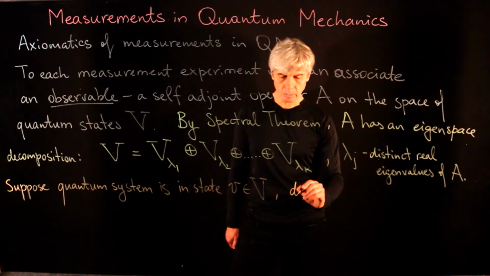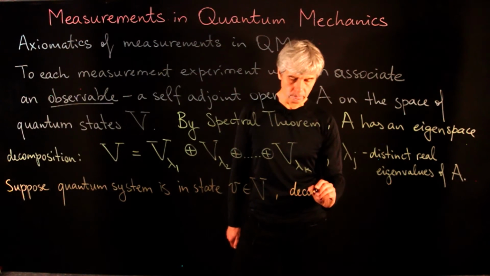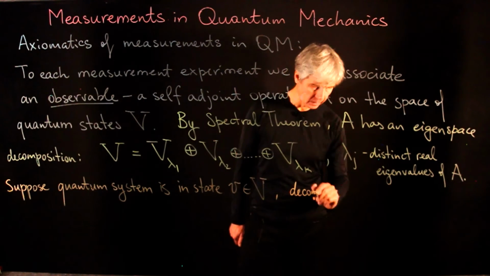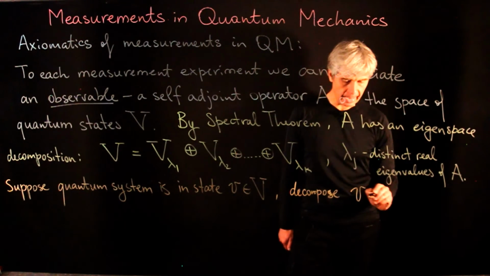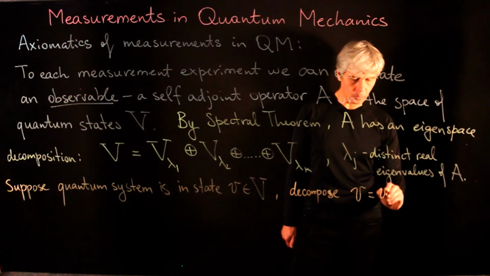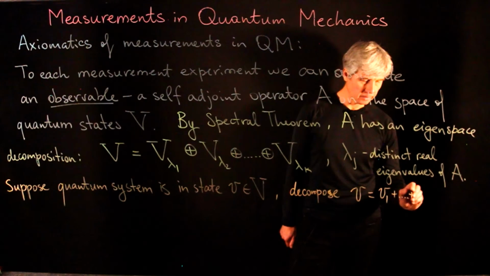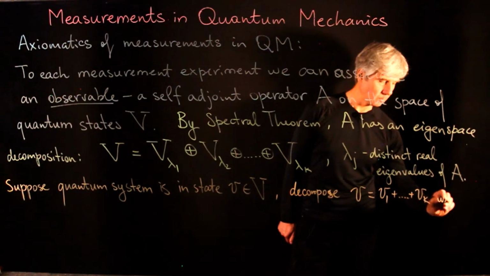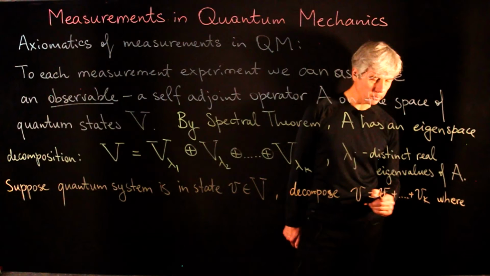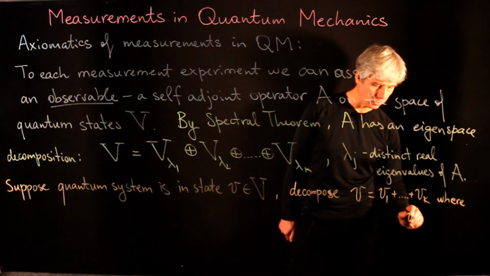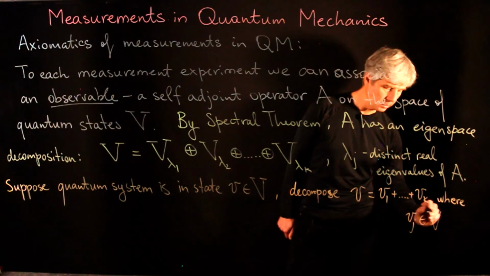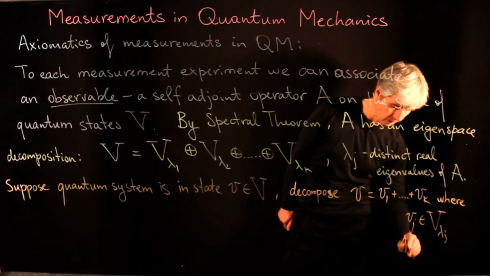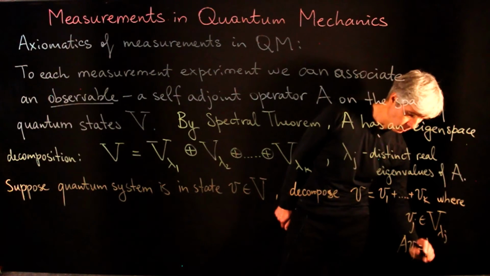So decompose V as V1 plus ... plus Vk, where each component is an eigenvector. So Vj belongs to V lambda j. So this means that A Vj is equal to lambda j Vj.